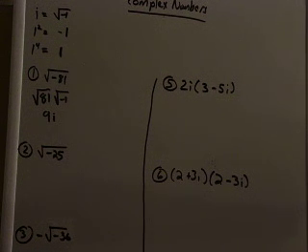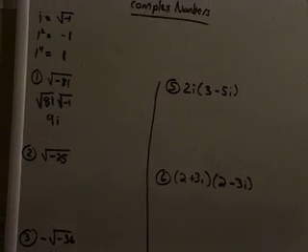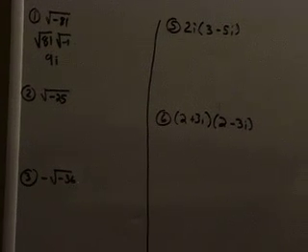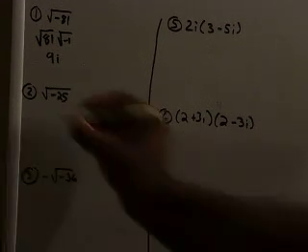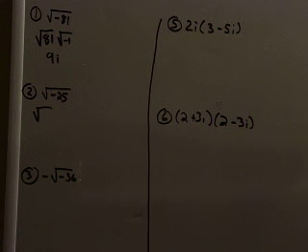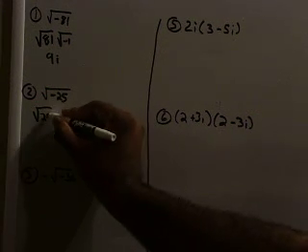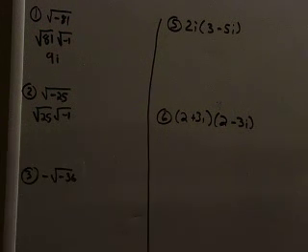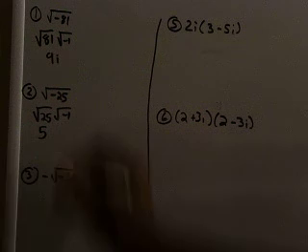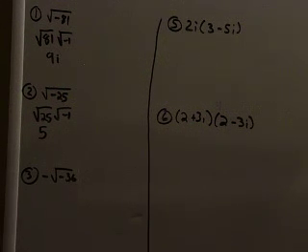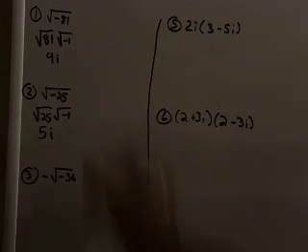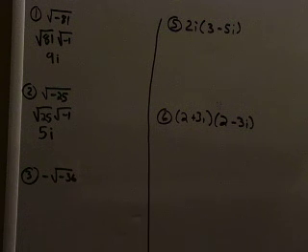Number 2, it's going to be the square root of negative 25. So once again, we can break that up to what? Square root of 25 times the square root of negative 1. Square root of 25 is 5. Square root of negative 1 is i. And we're done.